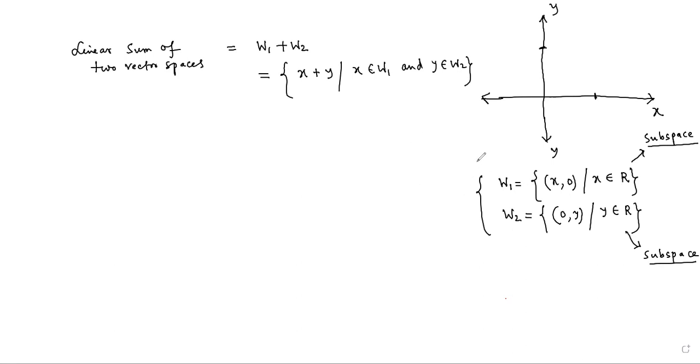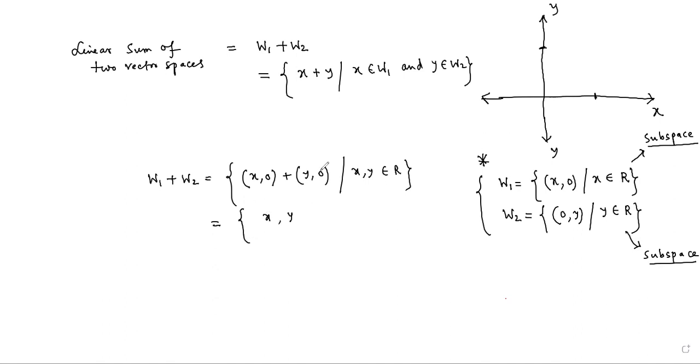Now, if I consider this problem and take the linear sum, here W1 plus W2 is (x, 0) plus (0, y), where x, y belong to R. Oh sorry, this is (0, y), just a minute.